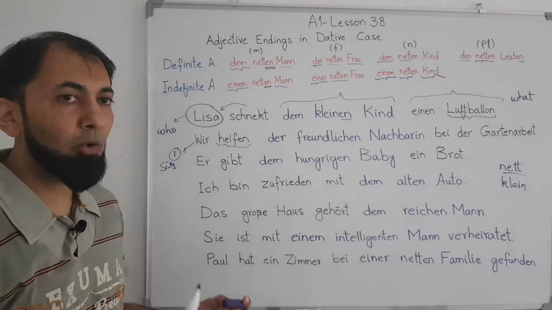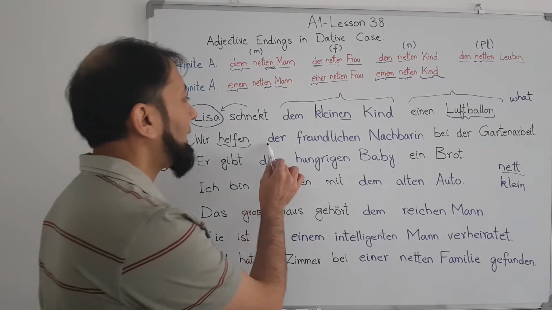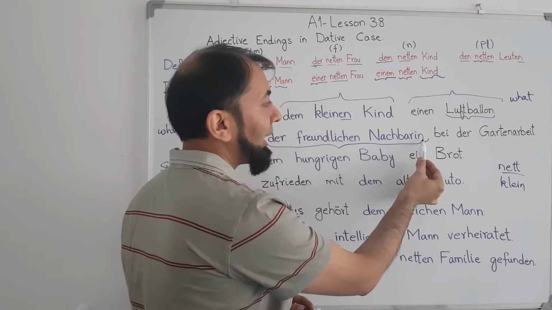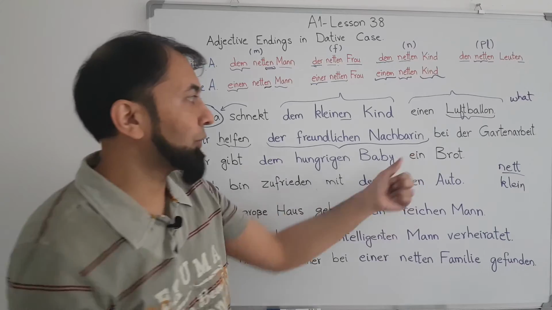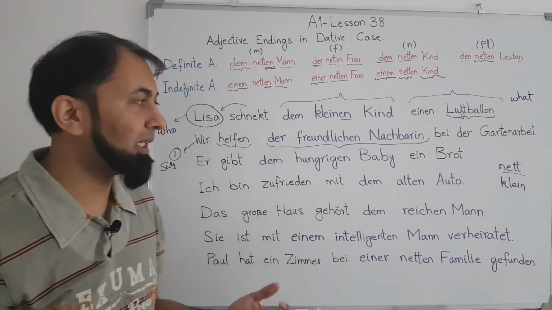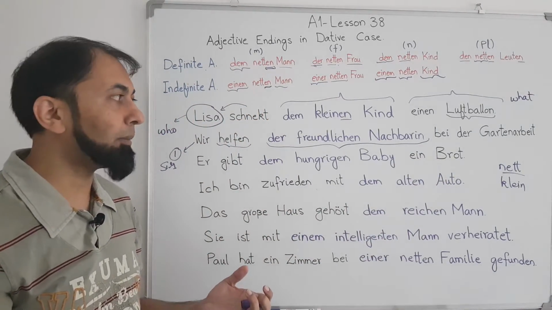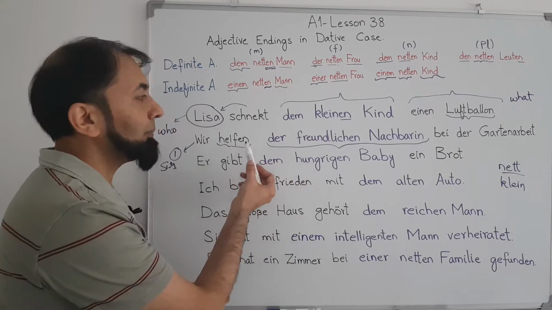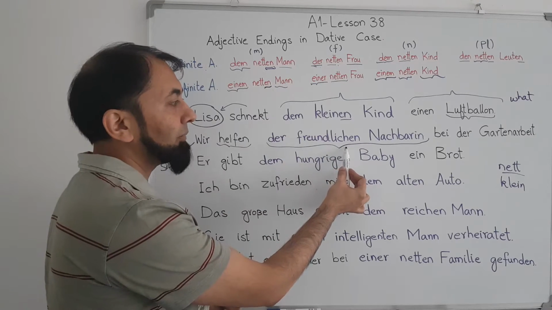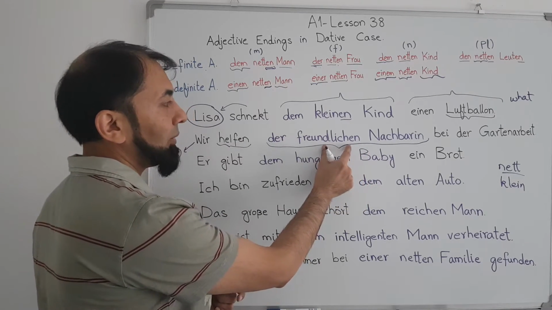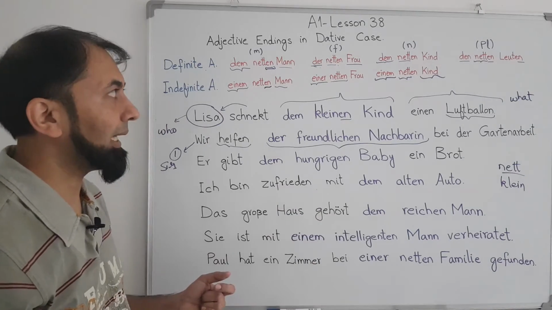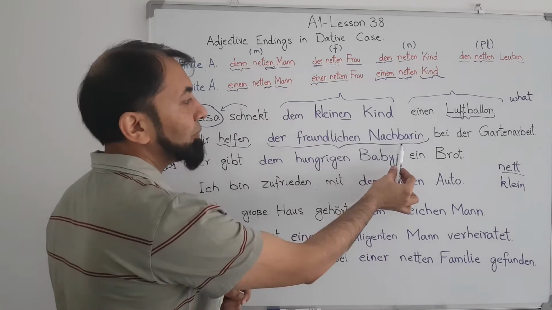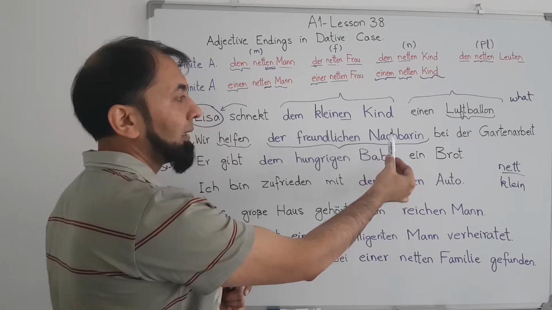Now what is the object of this dative verb? Der freundlichen Nachbarin. Nachbarin is a feminine noun because we are using -in at the end, which means that the neighbor we are talking about is female. Because this is the object of a dative verb, in this part of the sentence we have to apply the rules of dative, which means that we have to see what the gender of this noun is.